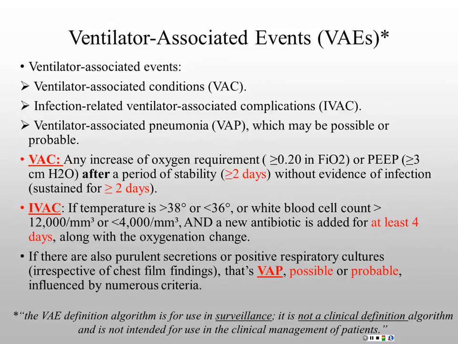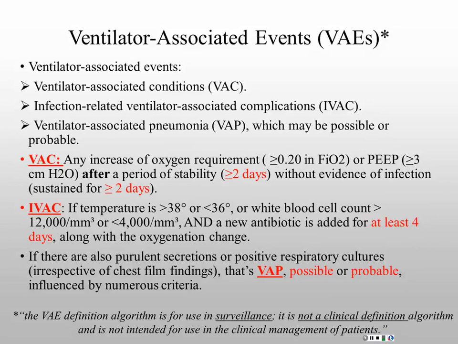It's used for surveillance, but more and more you will find this being used in the units. Basically, they qualify the events either ventilator-associated condition or infection-related ventilator-associated complication or ventilator-associated pneumonia, which will take at least 8 days to say probable or possible VAP.